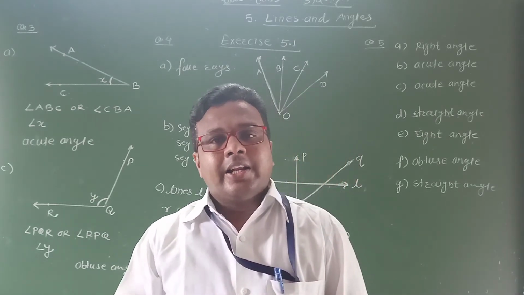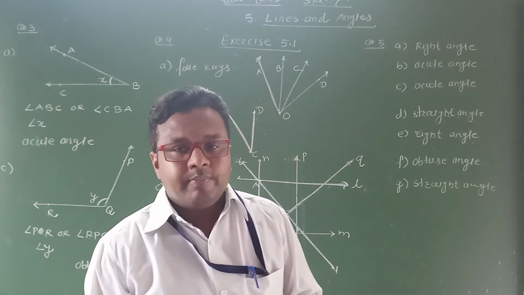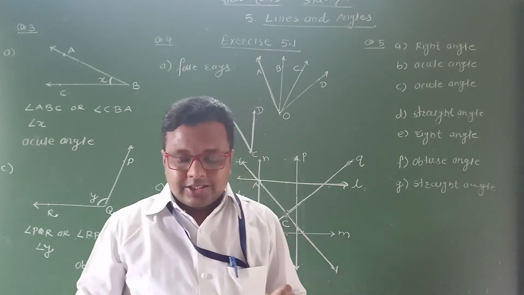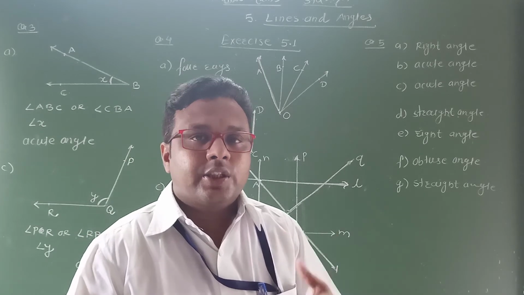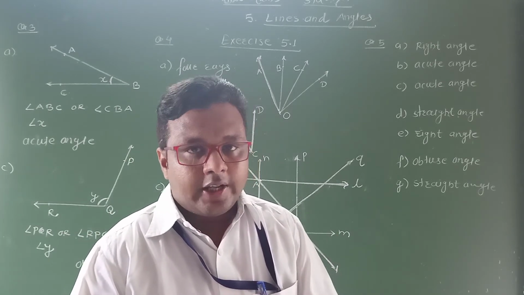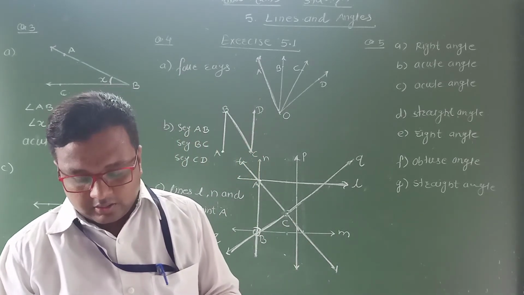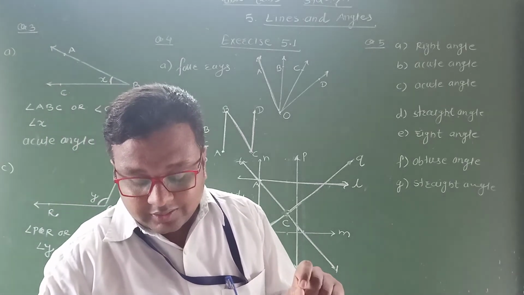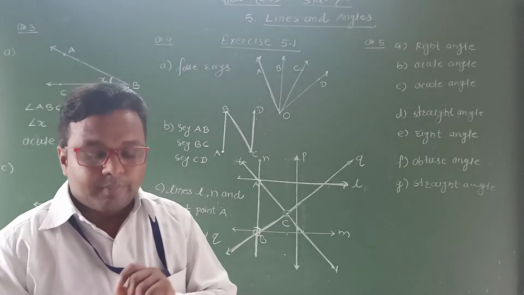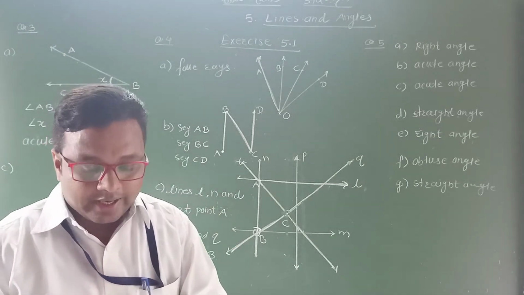Greater than 90 and less than 180 is the obtuse angle. 180 degrees is the straight angle. Greater than 180 and less than 360 is the reflex angle, and 360 degrees is the complete angle. These are the types of angle.